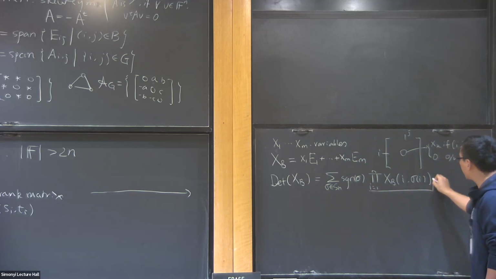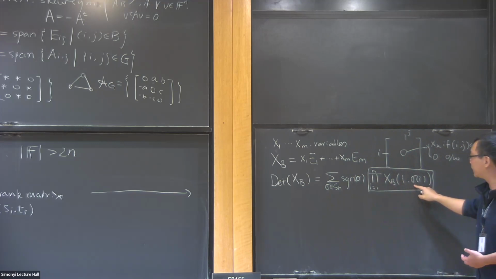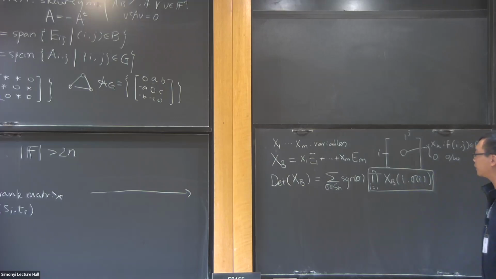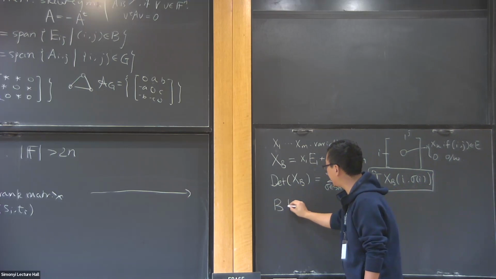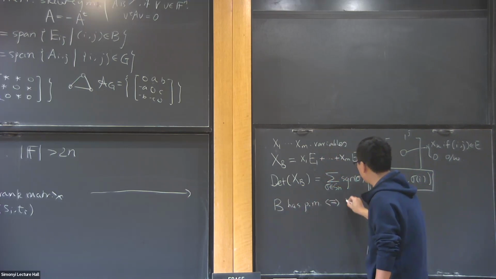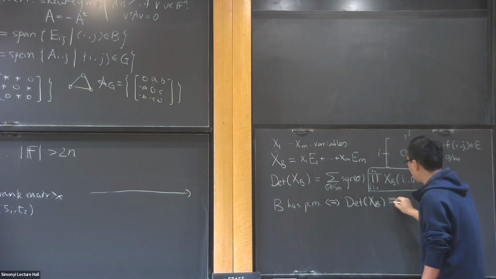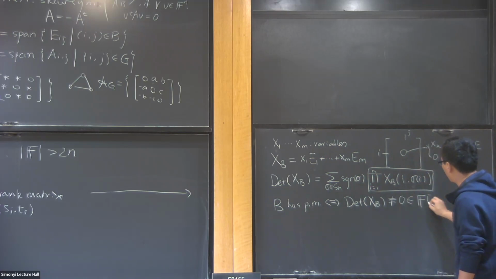Now every monomial in the determinant essentially corresponds to a perfect matching, right? Because this sigma defines the permutation, whether it gives a perfect matching or not. So now you have the observation: B has a perfect matching if and only if the determinant of XB is not a zero polynomial, inside this polynomial ring x1 to xm.